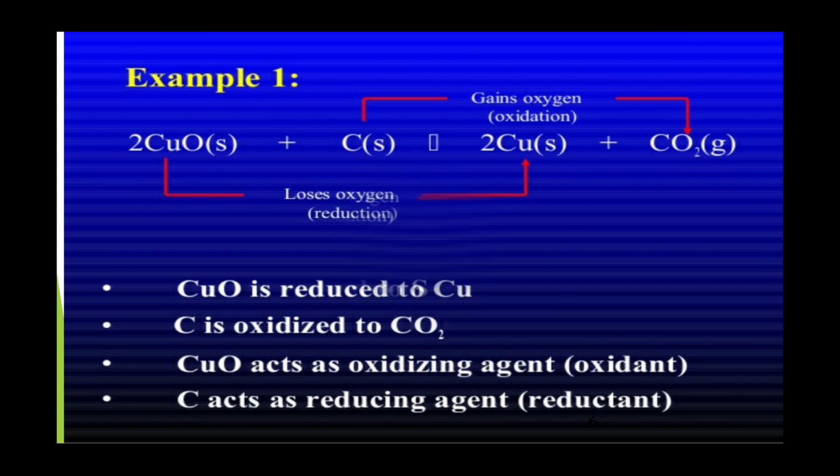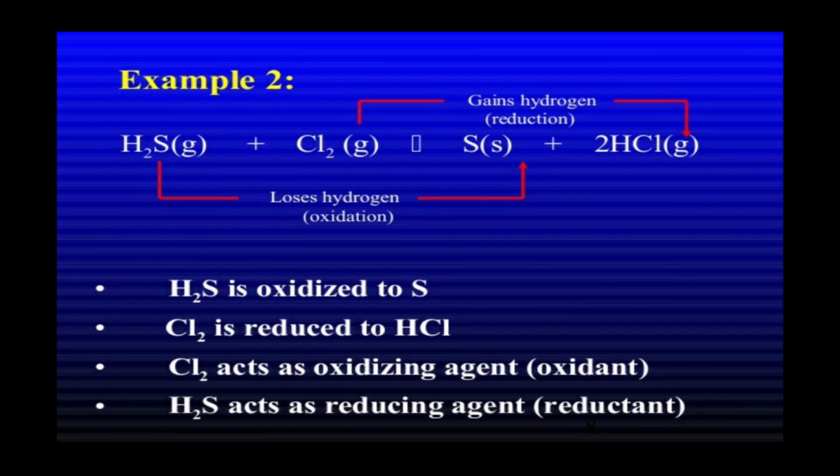Now let us see another example. It is an example of hydrogen sulfide and chlorine gas. Here also we can see that H2S loses hydrogen and hence hydrogen sulfide is oxidized to sulfur. Now chlorine accepts hydrogen from hydrogen sulfide and hence it is reduced to hydrochloric acid.